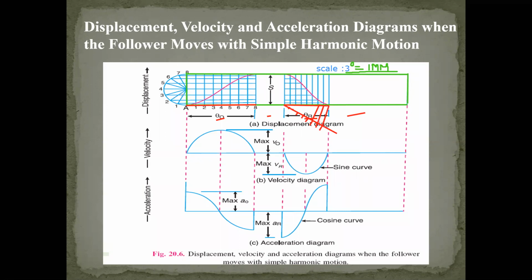Later, you have to draw one semicircle with the radius of s by 2. Just identify the midpoint of the vertical portion. So this is our mid portion, and this is taken as the center. Now we have to draw the semicircle with the radius of s by 2.